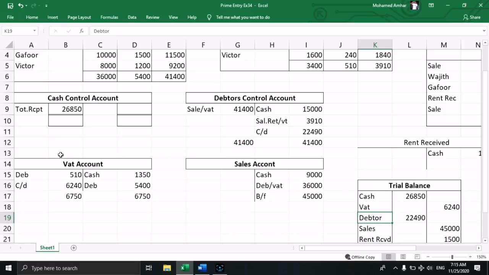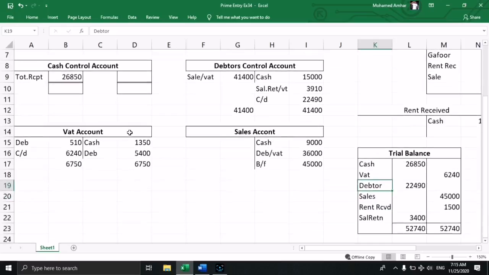And then sales account total is 9,000 plus 36,000 is 45,000. So brought forward balance is 45,000.